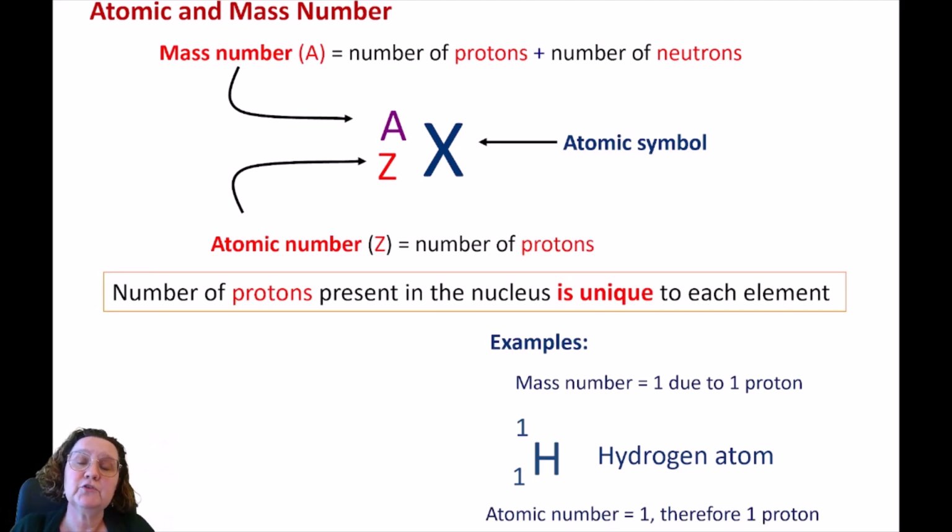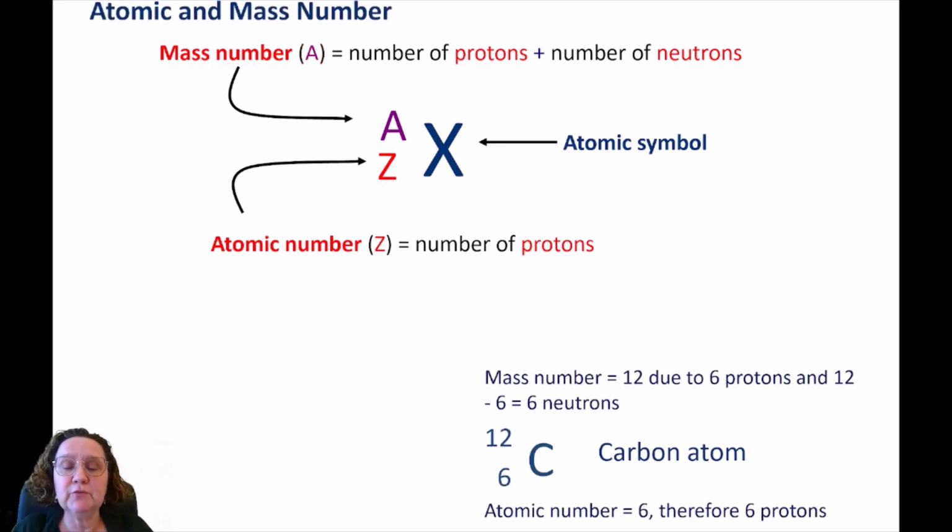That's the number of protons plus the number of neutrons, and since the number of protons is 1, this hydrogen does not have any neutrons. I also know the number of electrons, because atoms on their own are electrically neutral. So if it has 1 proton in the nucleus, it needs 1 electron in the electronic cloud.